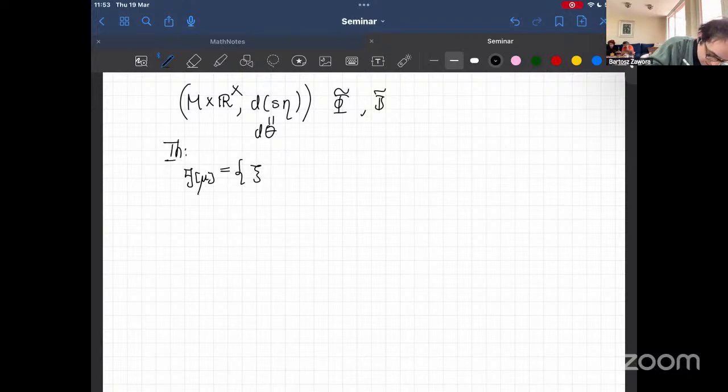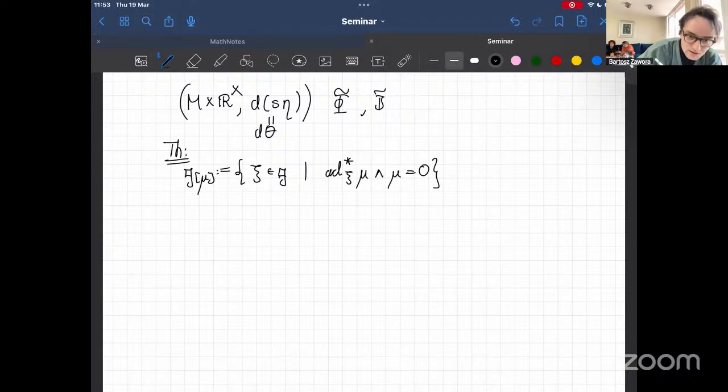The theorem is that if you define G mu with square brackets as the elements in the Lie algebra such that the adjoint map of psi with respect to mu, wedged with mu, equals 0, which is equivalent to saying that this is proportional to mu, right?